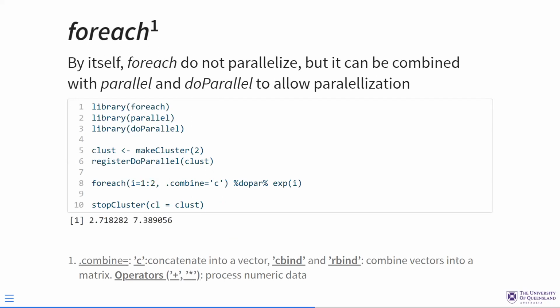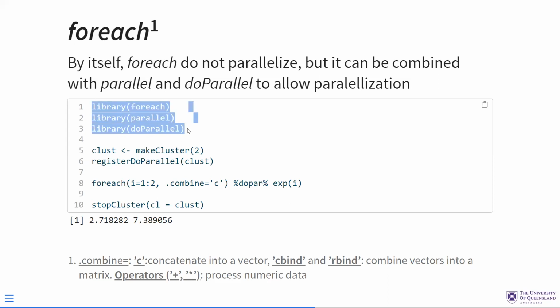So by itself, for each do not parallelize, but it can be combined with parallel and another function called do parallel to allow parallelization. So basically, we do what I said before. We load all these packages, 3 packages.